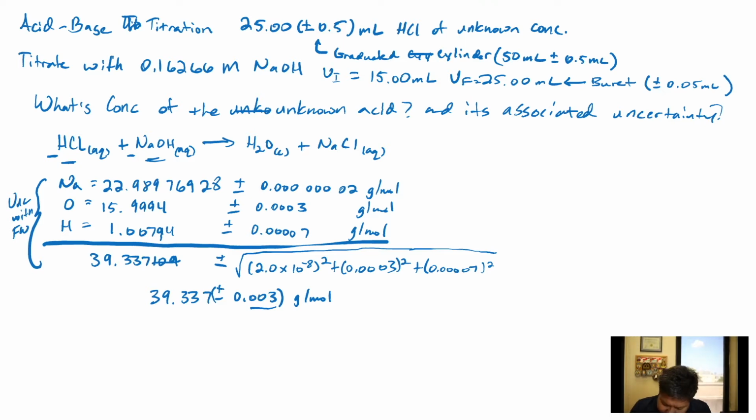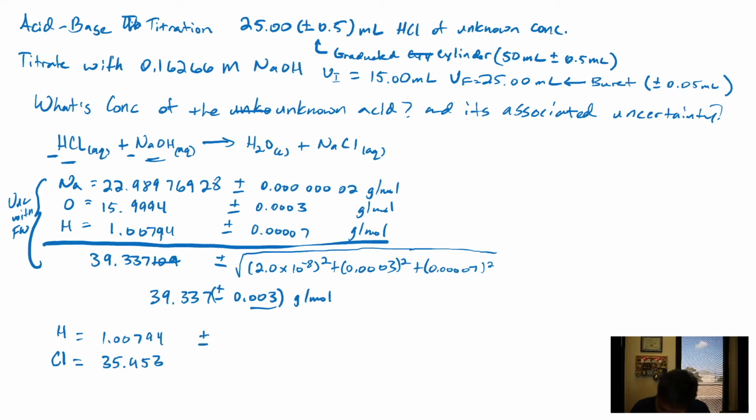We'll do the same thing now for hydrochloric acid, which is a little bit easier, right? We have hydrogen, which we already have, and we have chlorine, which we actually have from the previous example. So hydrogen is 1.00794. Chlorine is 35.453. There we go. And then again, plus or minuses here.